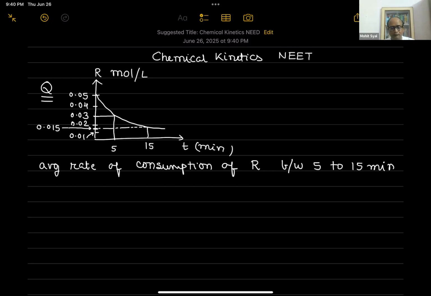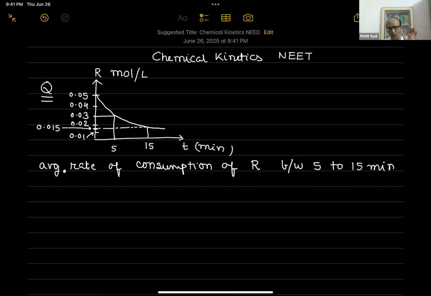Student: Sir, can't we integrate, can't we find the area of the graph between 5 and 15? Like, we can integrate the formula. Teacher: No, this is just the average rate. Student: Oh, it's average. Okay. Teacher: Average rate is just like average speed. You take the total distance divided by total time.